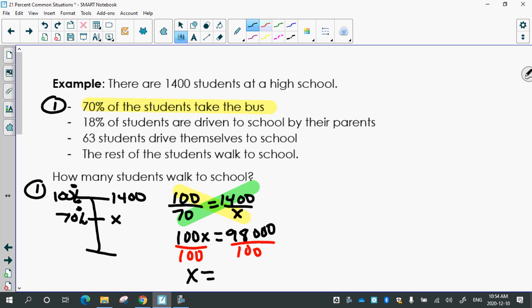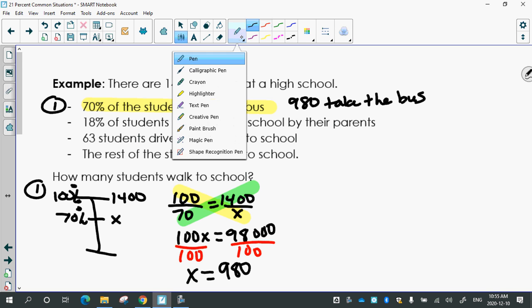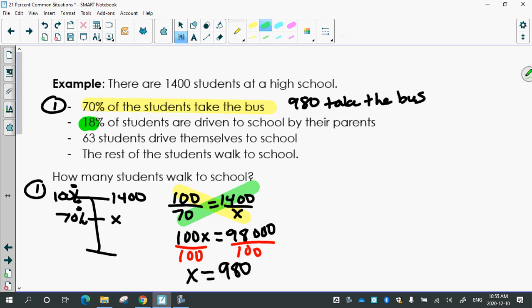So that's going to give us 980. So that's going to mean that 980 take the bus. Everybody good there? 980 of them take the bus. So our next line tells us that 18% are driven to school by their parents.